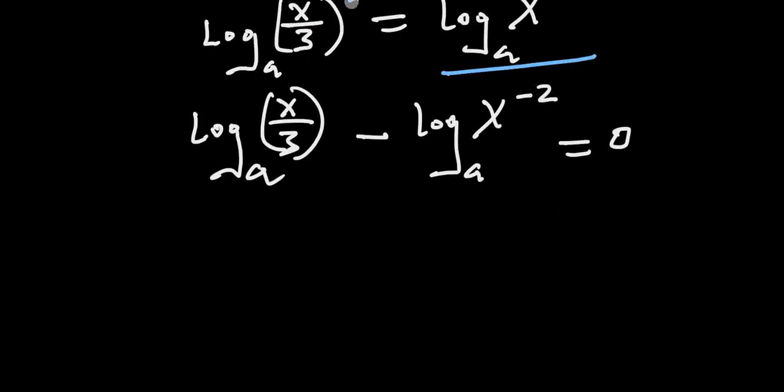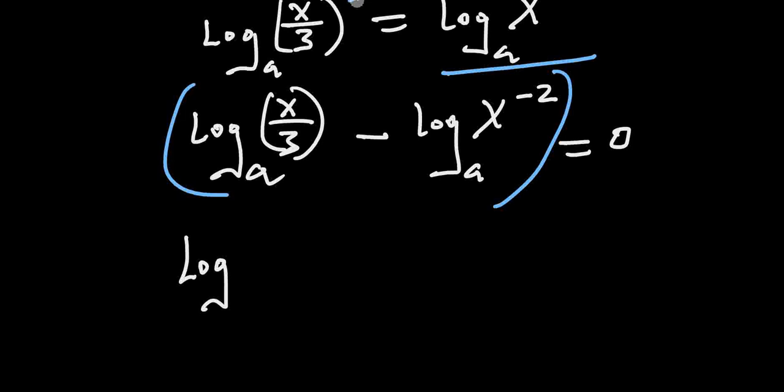So at this point, we can now write the left hand side as a single logarithm expression. So this will become log x over 3 minus, because we have a minus sign here, we are going to divide by x to the power of negative 2.